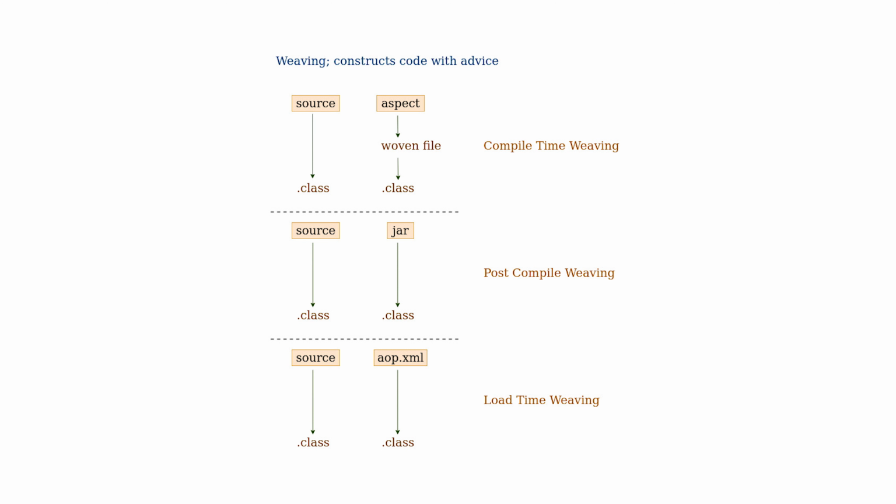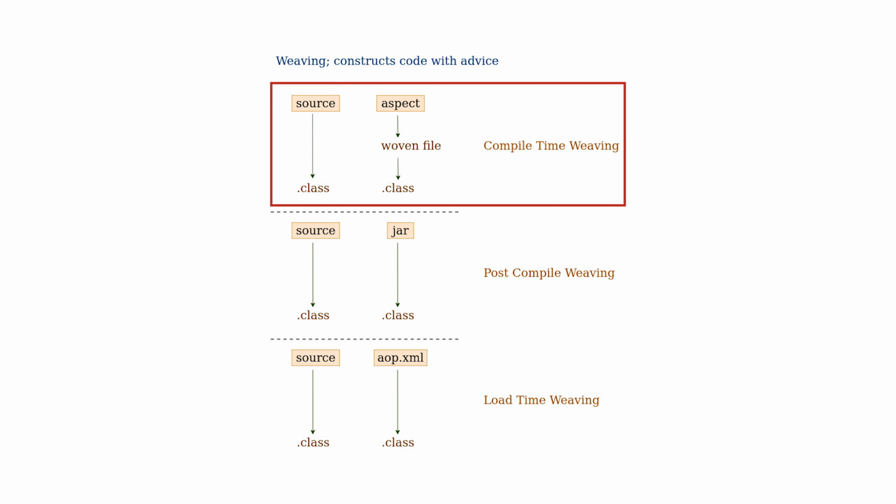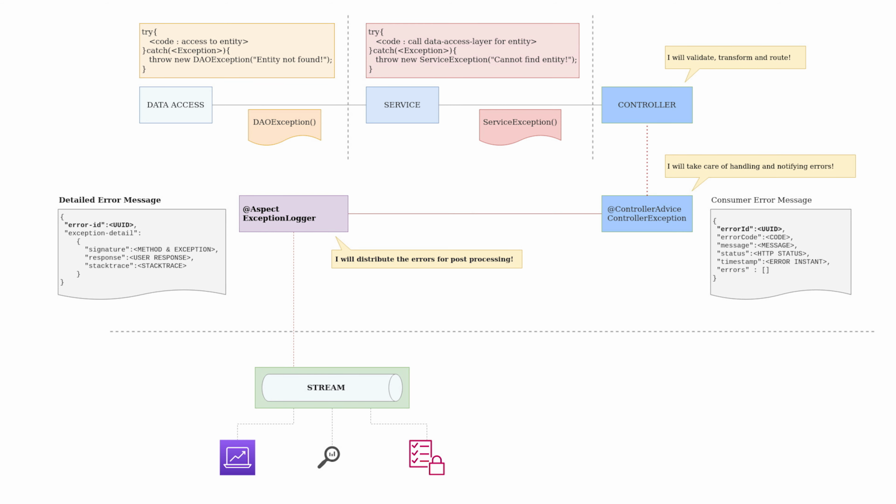There are three types of weaving: compile time, post compile, and load time. Since I have used the aspects in the code, I will be using compile time weaving, where the aspect will get compiled into the woven file and will be available on the application classpath, same as the other class files. So let's look at the high level design of this application.